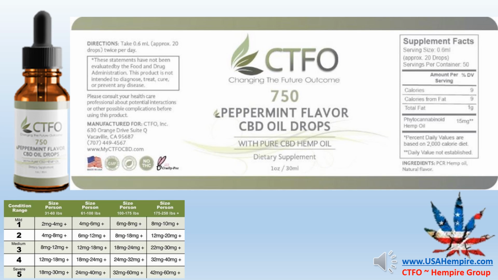Here on the 750 milligram bottle, you've got, again, all the same information. 1 ounce, 30 milliliters, 0.6 milliliters per serving, approximately 20 drops or half a dropper per serving, 50 servings per bottle, and down lower right, phytocannabinoid hemp oil, 15 milligrams per serving. So the 750 milligram bottle will give you 15 milligrams per serving.